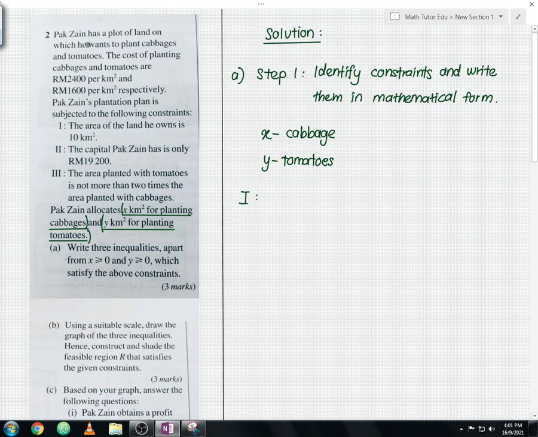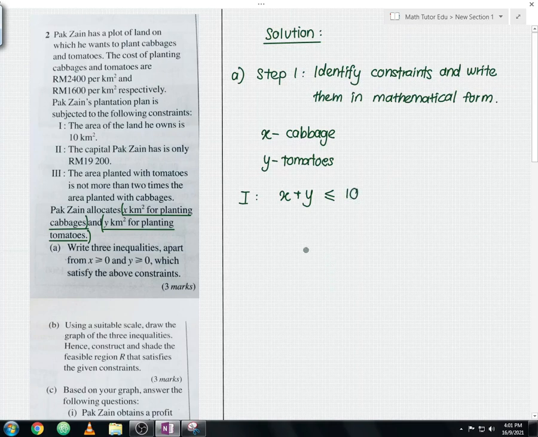The land he owns is 10 kilometers square. Within this land he wants to plant cabbages and tomatoes. So the total area of cabbages and tomatoes must be within the 10 kilometers square. If you want to write this constraint in mathematical form, it will be x plus y less than or equal to 10.